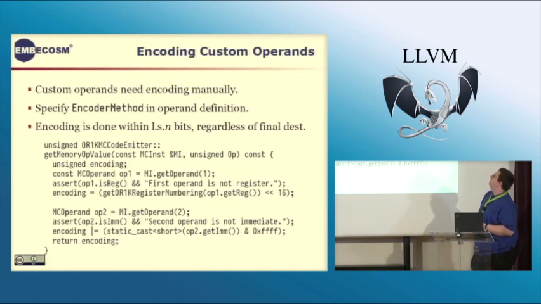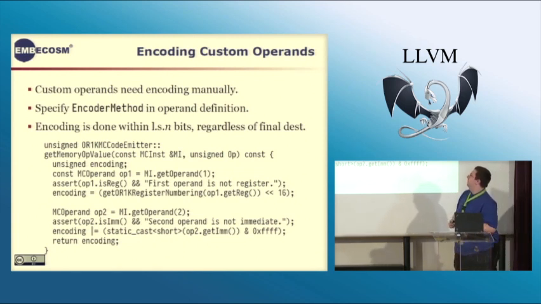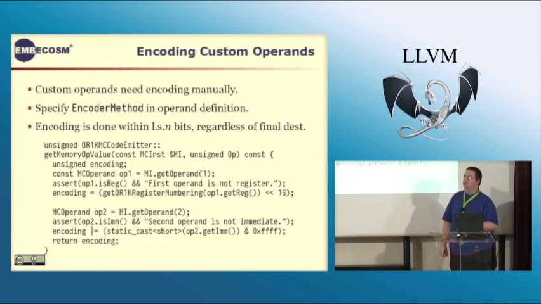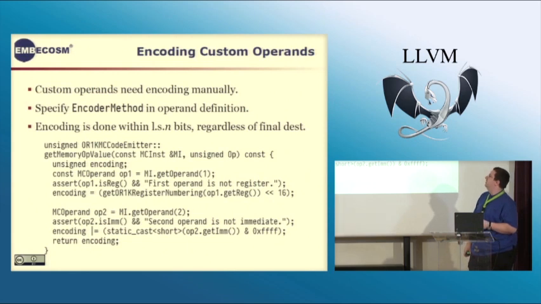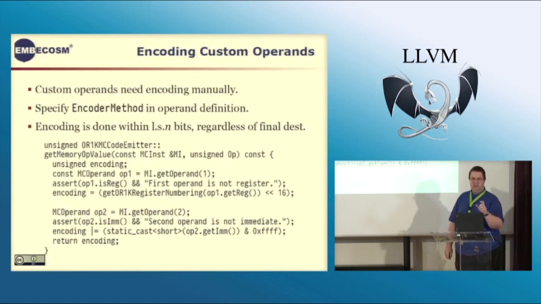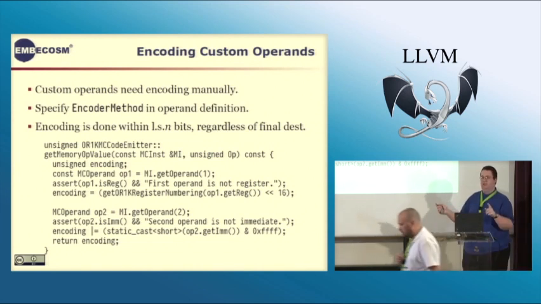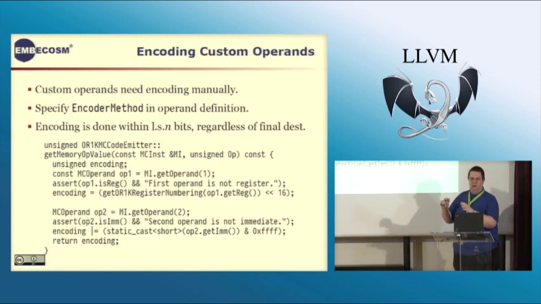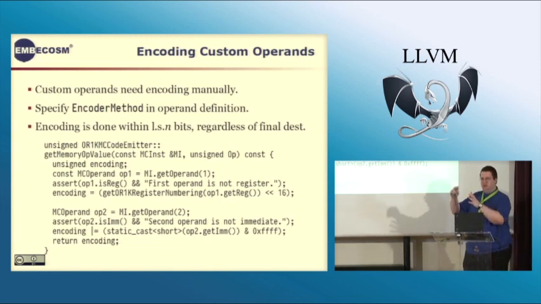Thankfully, again, TableGen will nicely piece together your encoding once you've given it a value. For example, with OpenRISC, there is a particular instruction which has 16 bits for the register and immediate, but they're not all next to each other. There's some field in the middle. You don't have to worry about that. All you have to worry about is, I've got this 16-bit field, let's fill it up.